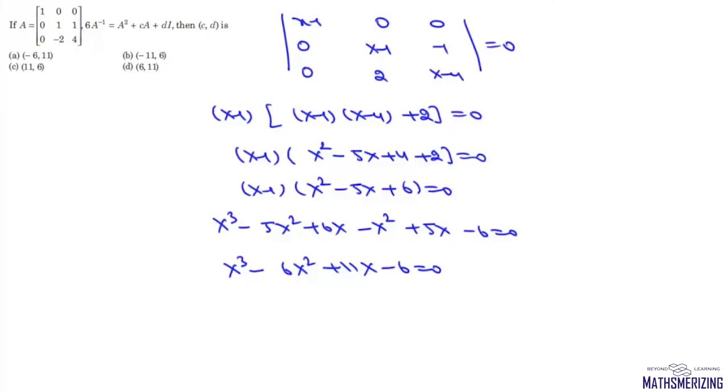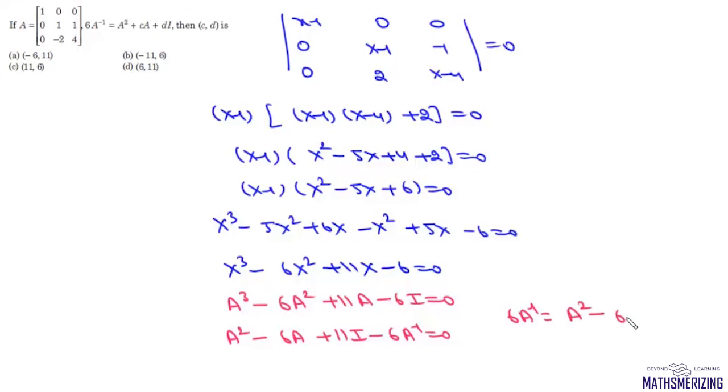Now if we use Cayley-Hamilton theorem, then we can say A cube minus 6A square plus 11A minus 6I must be 0. Now we'll multiply by A inverse. So we'll get A square minus 6A plus 11I minus 6A inverse equals 0.